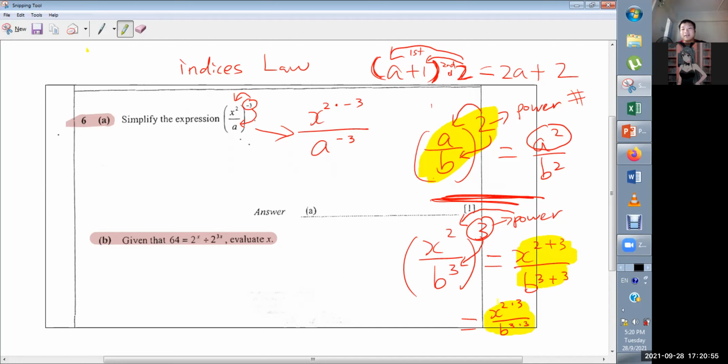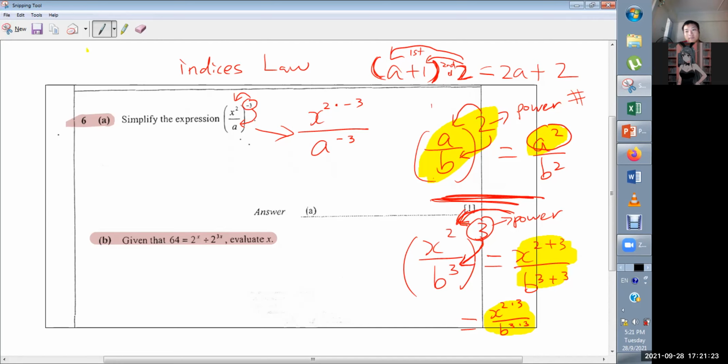Why? Because if you look at the above example, you have a to the power of 2, right? So basically 2 is the power. So when you have the power 3 here, you go into it, you times into it. You times into it, not plus into it.